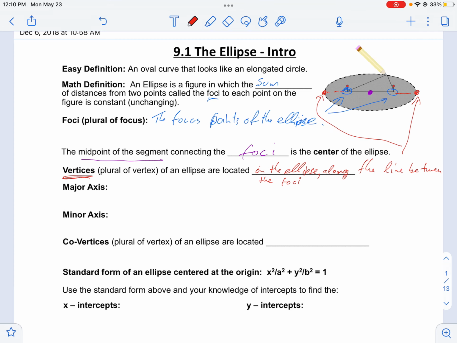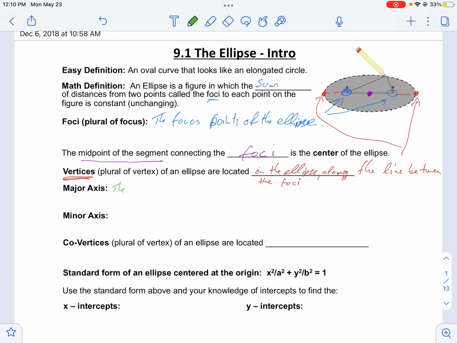Now the major axis. An ellipse has a major and a minor axis. The major axis is the segment between the vertices. So it's basically this distance right here.